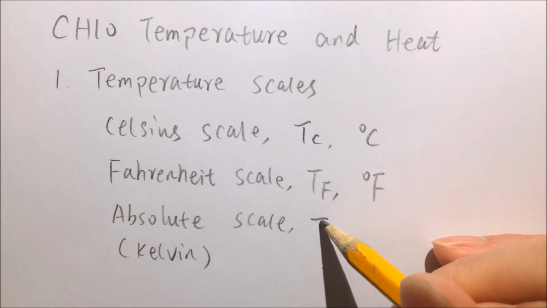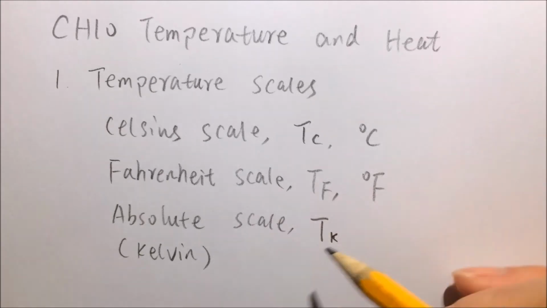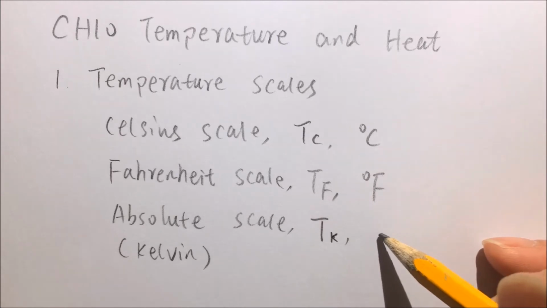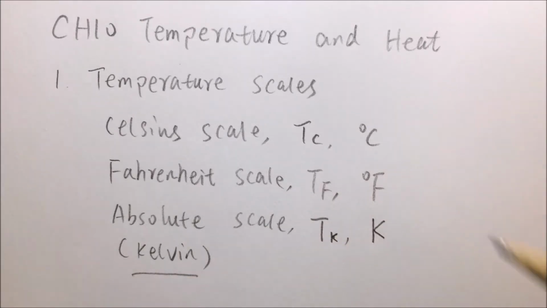That's actually normally just use a T or sometimes use TK. Anyway, I use TK. K means Kelvin scale and it has a unit Kelvin. The same as this one, but I just use letter K for Kelvin.